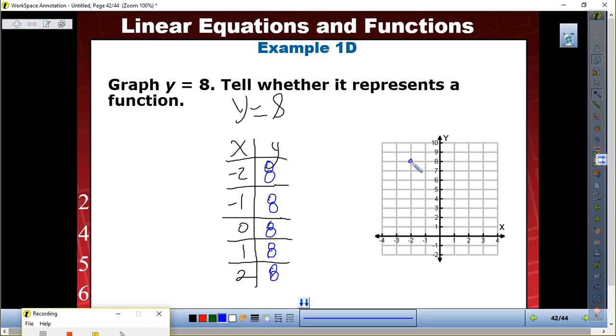-2, 8. -1, 8. 0, 8. 1, 8. 2, 8. Let's graph our line.